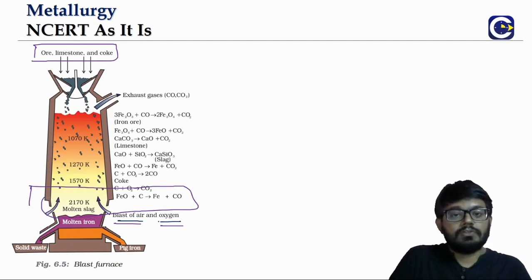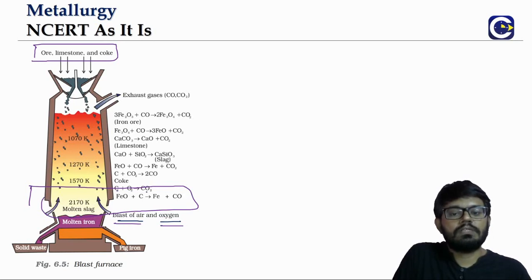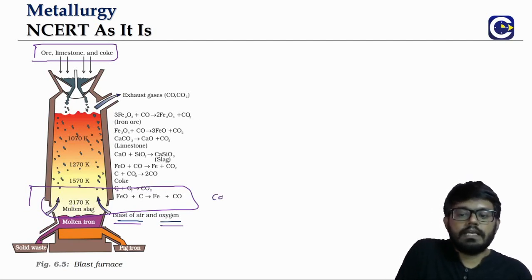Here you have ample oxygen because oxygen is coming from the bottom. There will be a complete oxidation of the coke. Coke will get converted into CO2. Complete oxidation will give us a lot of energy. That's why the temperature will be very, very high. So this is what we will be calling the combustion zone.